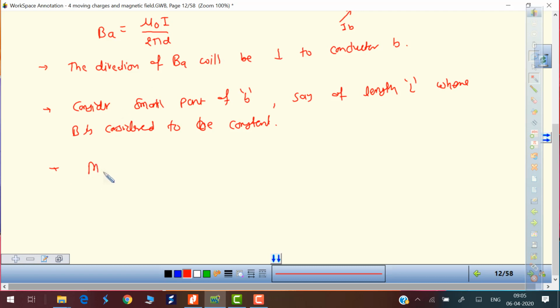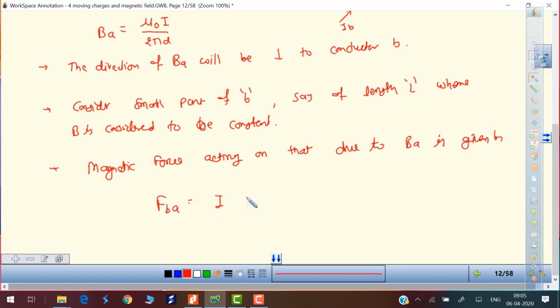The magnetic force acting on that part due to BA is given by F on B due to A is equal to I L cross B.